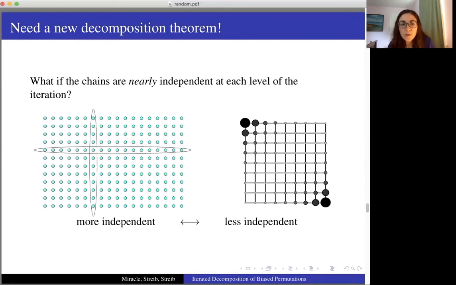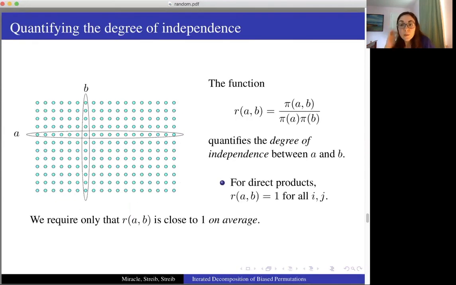And as we were thinking about this, we wanted to think of independence as a spectrum. If somehow we could quantify how close we are to being independent, like we're closer to being a direct product than we are to this pathological case over here. The way that we decided to do this is we quantified the degree of independence via this function R of AB.